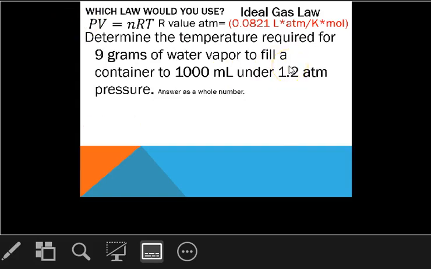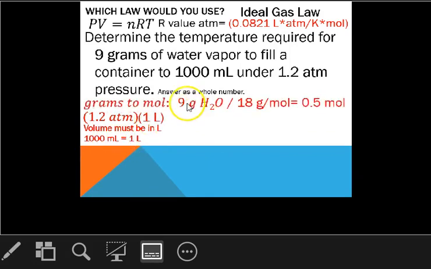We already said it's 1.2 atmospheres. What is the volume? In an ideal gas law, the volume has to be in liters, and here they gave me milliliters. So move the decimal place 1, 2, 3 places to the left. And that's why 1,000 milliliters equals 1 liter.